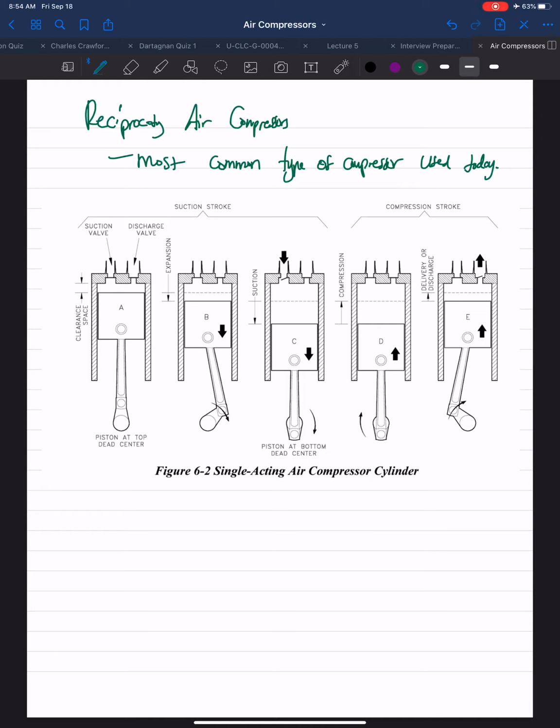So here we have an example of a single acting reciprocating air compressor. As we said, similar to pumps, we have a suction or inlet valve and an outlet or discharge valve. This is the valve right here and right here.